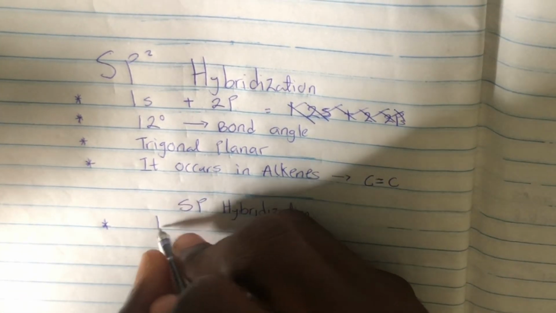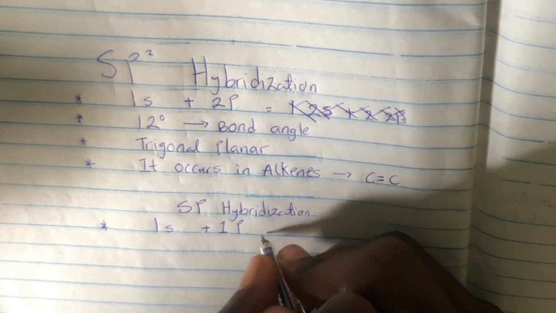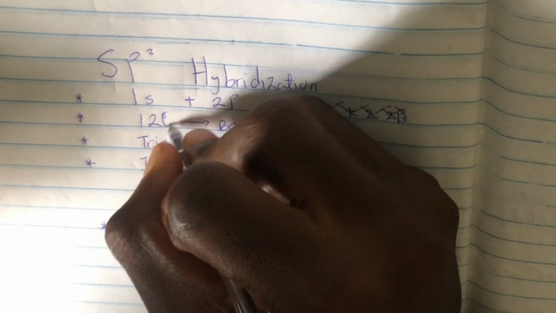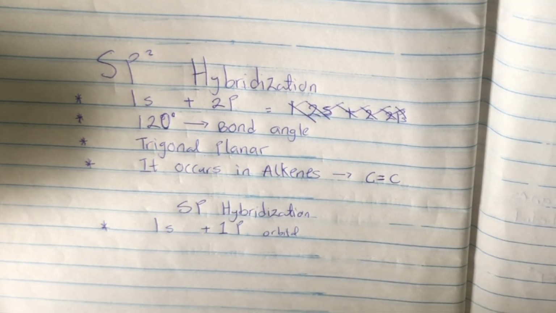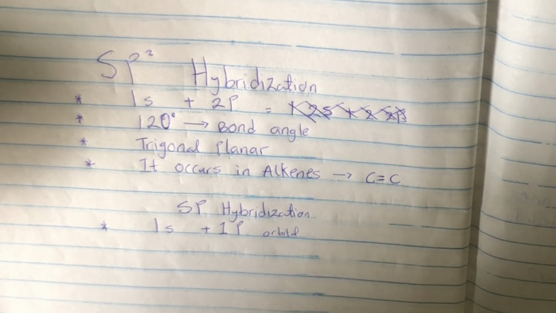So it is a mixture of 1s and 1p orbital. Sorry, this is 120 degrees for SP2. You should know the bond angle, the shape, and the hydrocarbons in which it exists.